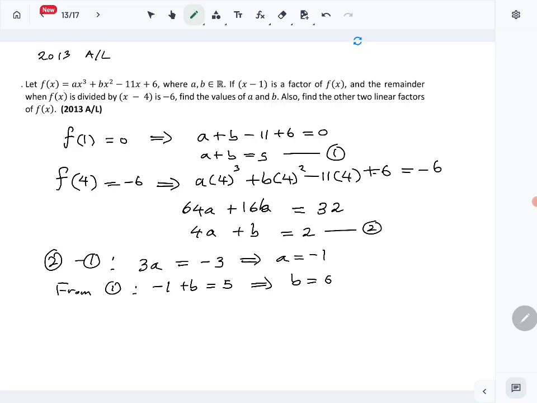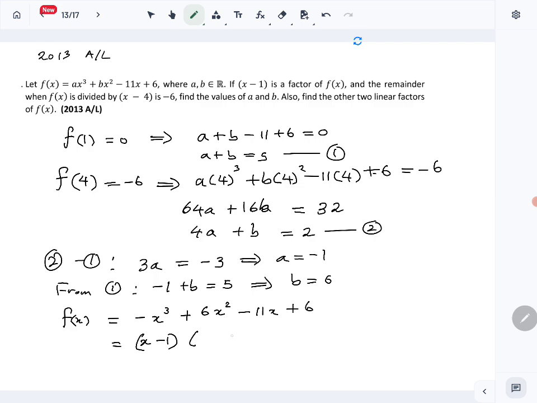So we found a and b, right? And we have to find the other two linear factors. So let's write down f of x first. a is minus 1, so minus x cubed plus 6x squared minus 11x plus 6. We already know one factor, which is x minus 1. So take x minus 1.